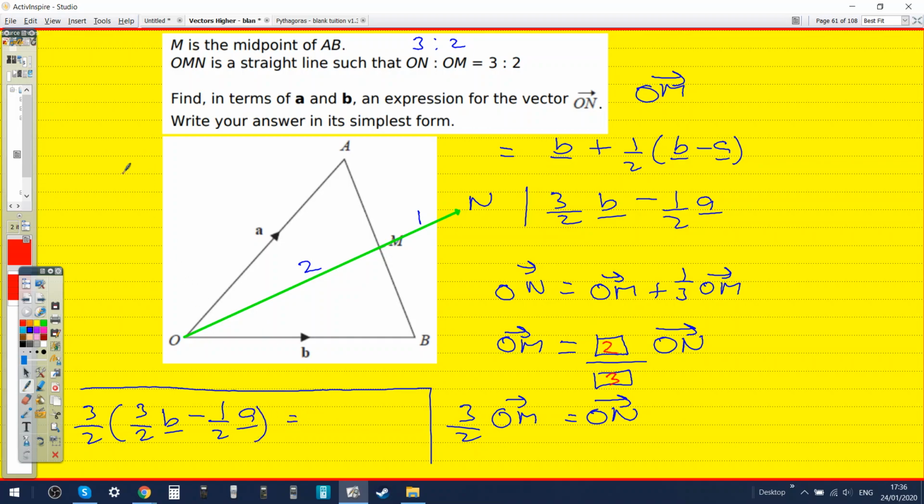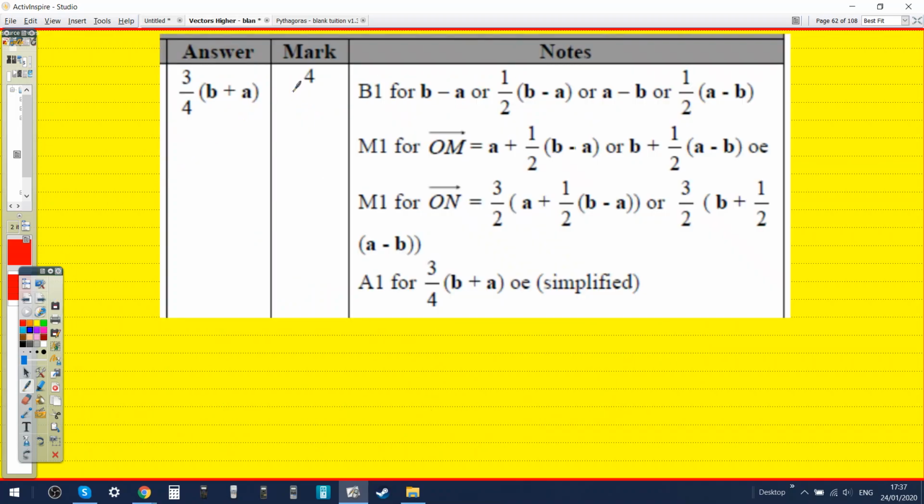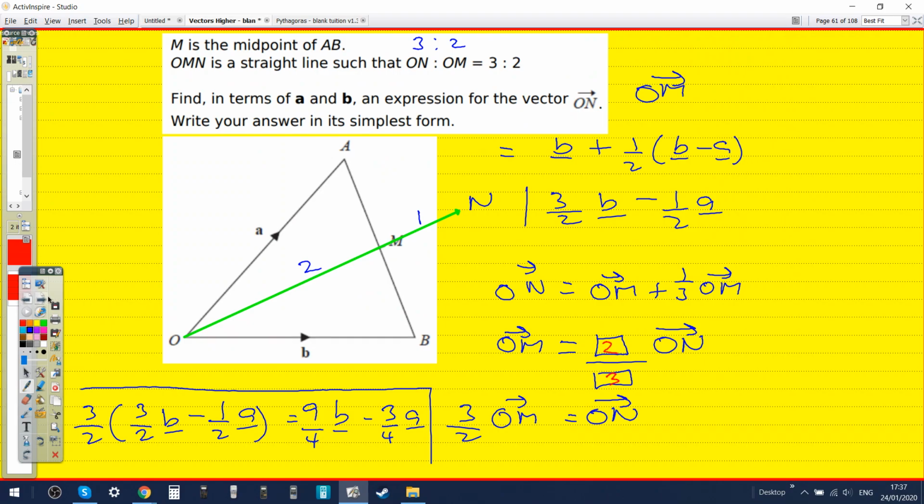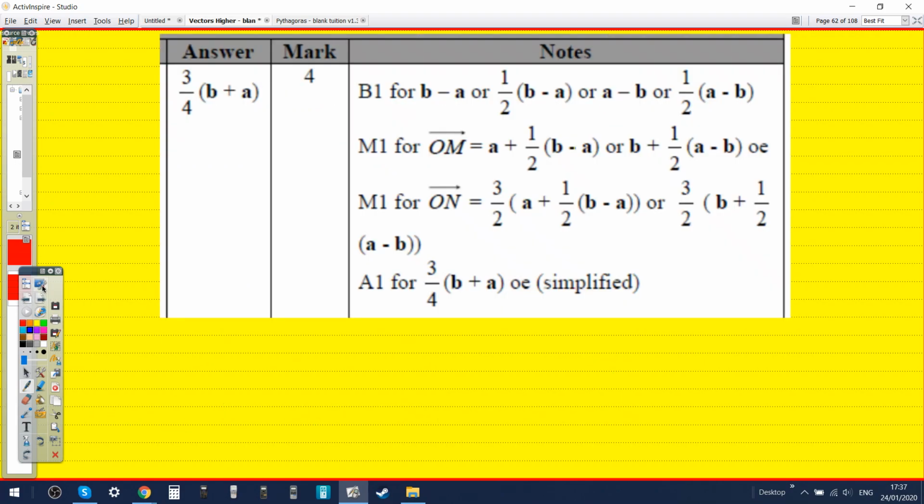So what would that be? 9/4 B, and then 3/4 A, minus 3/4 A. That's it. 9/4 B minus.